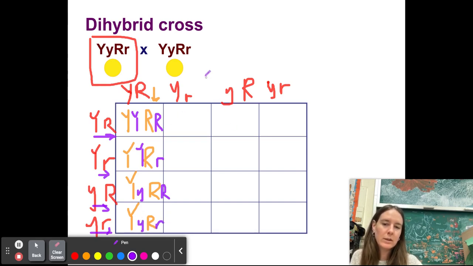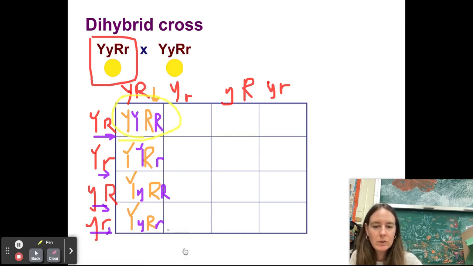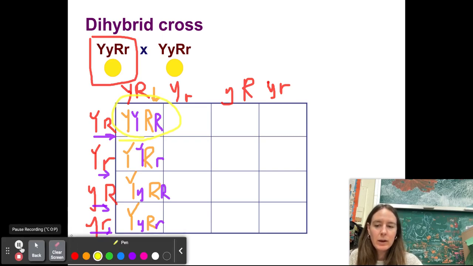And then you could continue going down, right? Go down this way, down, down, and across. And then what you're going to end up finding are the potential genotypes of their offspring if you cross this with this. So it's possible you could get a yellow homozygous dominant, or yellow phenotype, and also a homozygous dominant round genotype and then round phenotype, right? So this is how to do a dihybrid cross.